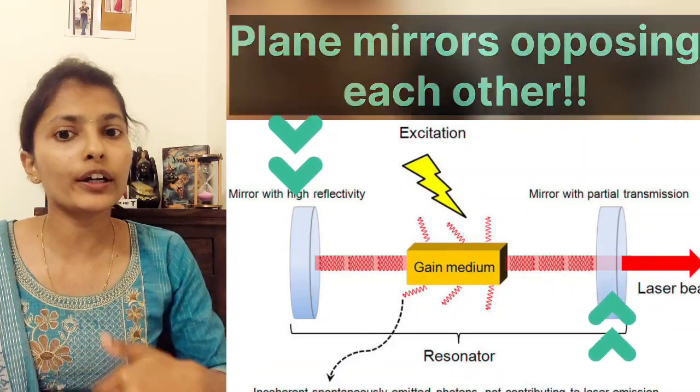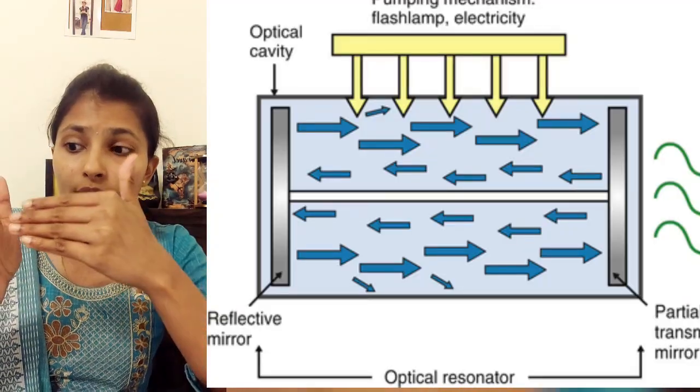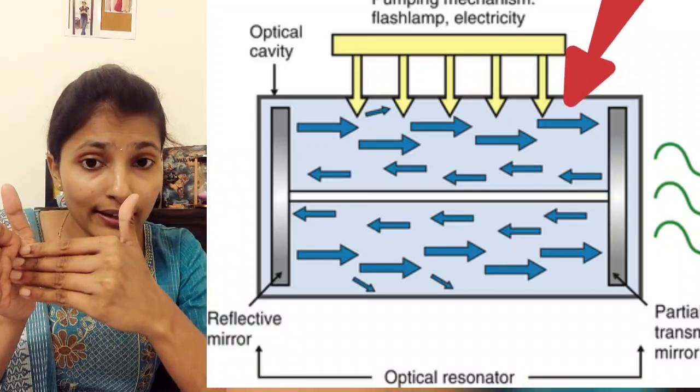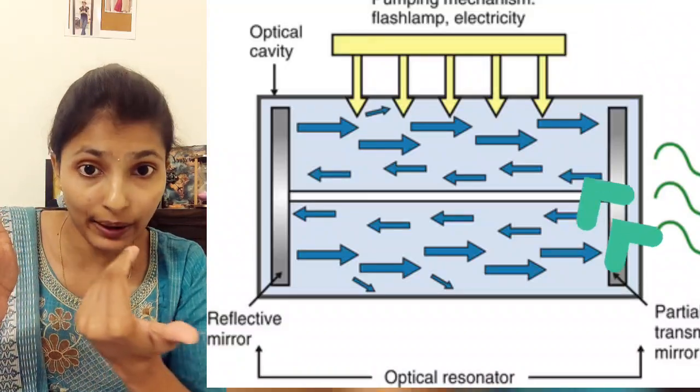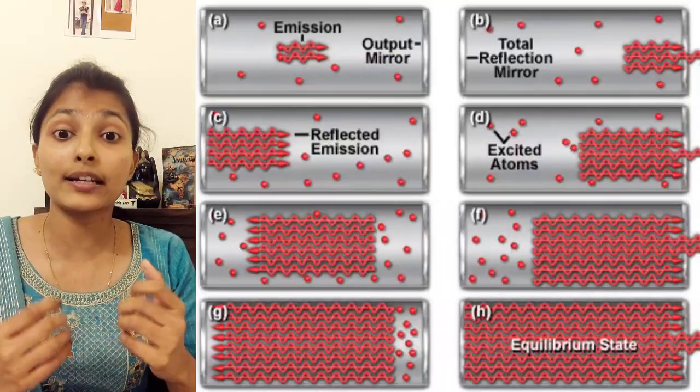Whatever quanta are released during the calm down procedure of the electrons are going towards this. Whenever it hits that mirror, what happens? It is radiation, it's a light form, so it gets reflected back. What are these quanta actually? They are nothing but energy packets.